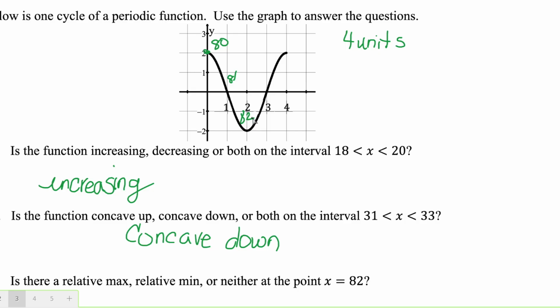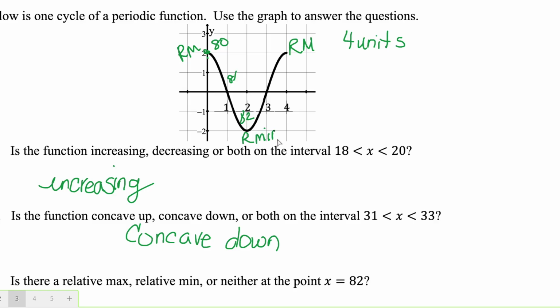So a relative maximum means all the highs in the graph. So we have a relative max here. So all my relative max, RM, is really high. This is a relative max. And then my relative min will be right here.